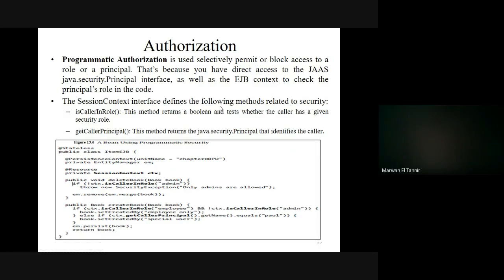When you get the context, you can get who is the principal by calling the method getCallerPrincipal. It will return which user is logged in. So we get the information about the principal using this application.